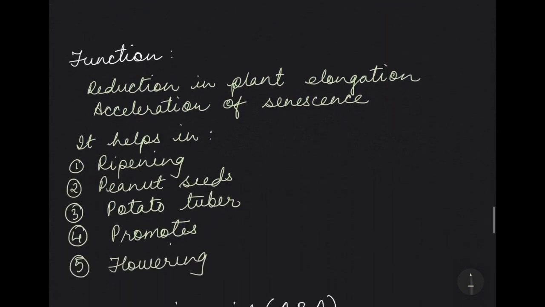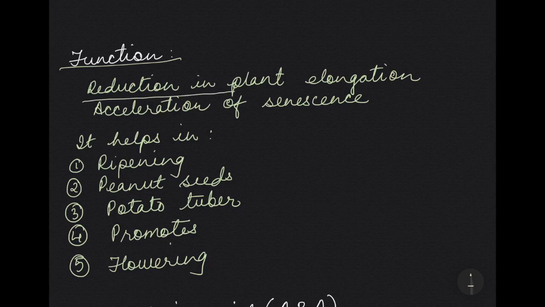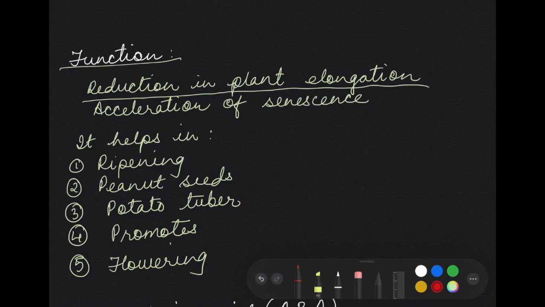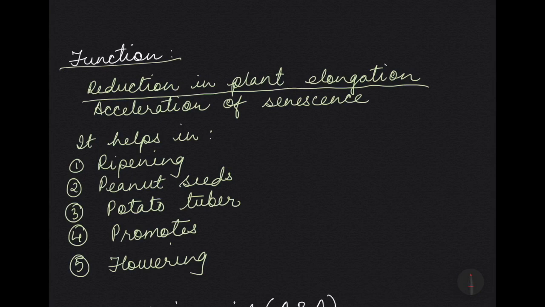Now moving on to the function of ethylene. Ethylene causes two main processes in plants. One is reduction in plant elongation, okay? It does not elongate, it reduces the elongation process of the plant, and it accelerates senescence.